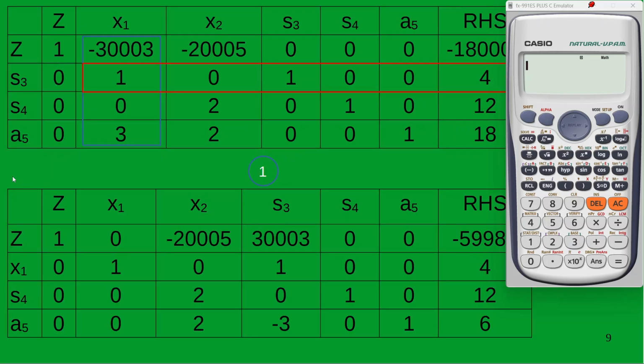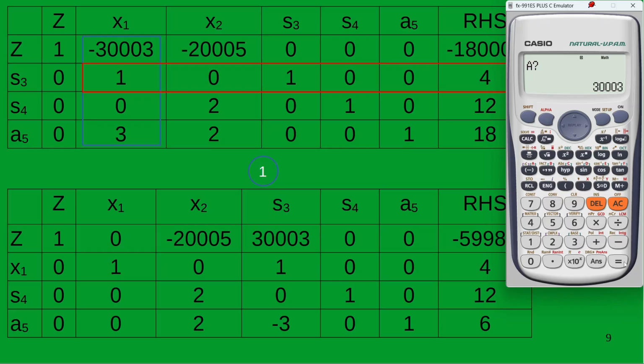I have copied down the table in the previous slide here on the top, and I'll demonstrate the calculations now. Now to eliminate the first entry, that is minus 30,003, and make this 0, what we have to do is alpha A plus 30,003 alpha B and click calc.